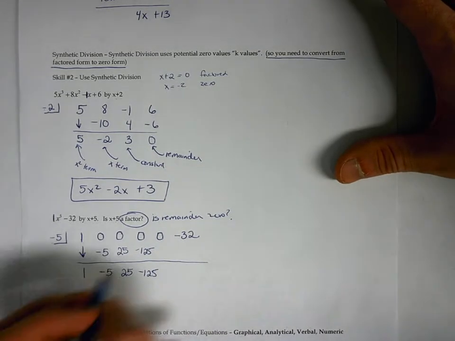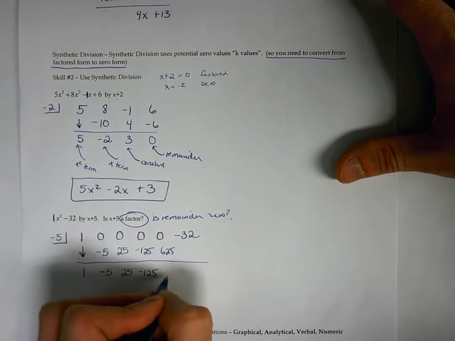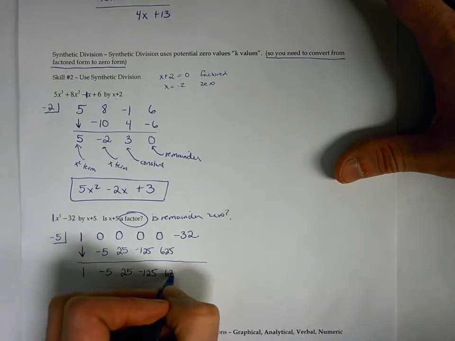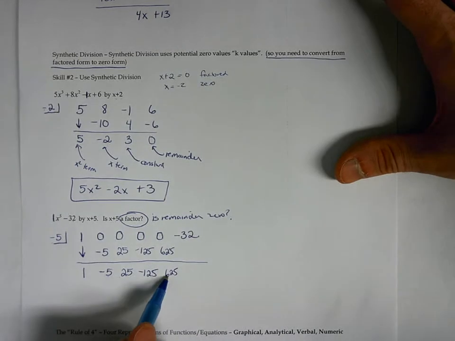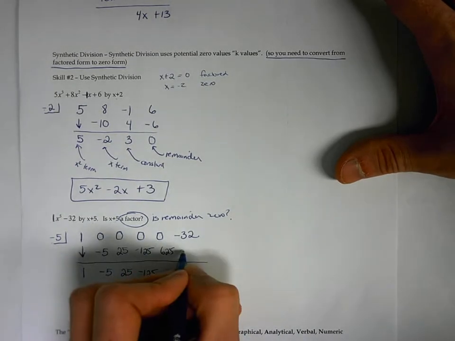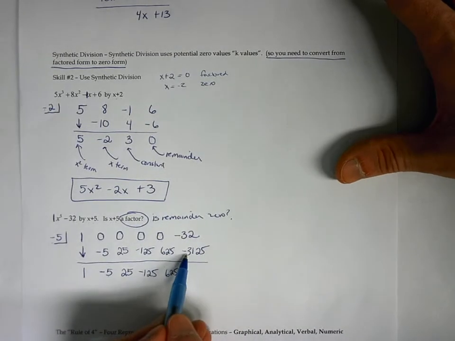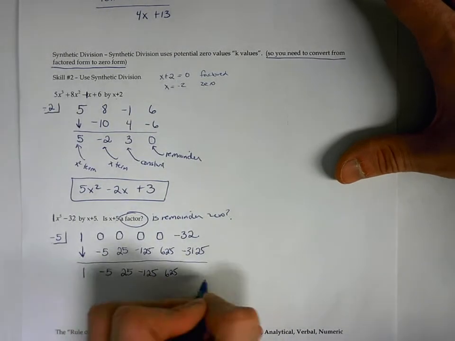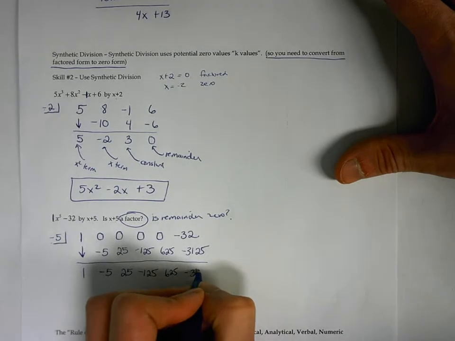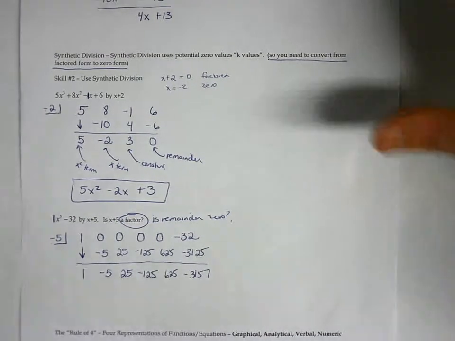Negative 125 times negative 5 is positive 625. 0 plus 625 is 625. And then finally, 625 times negative 5 is negative 3,125. Negative 32 plus negative 3,125 is negative 3,157.